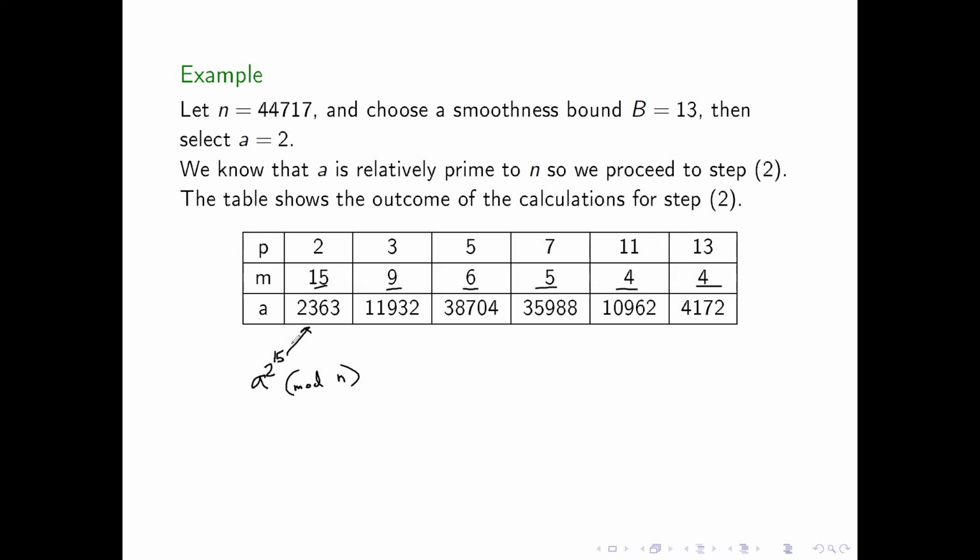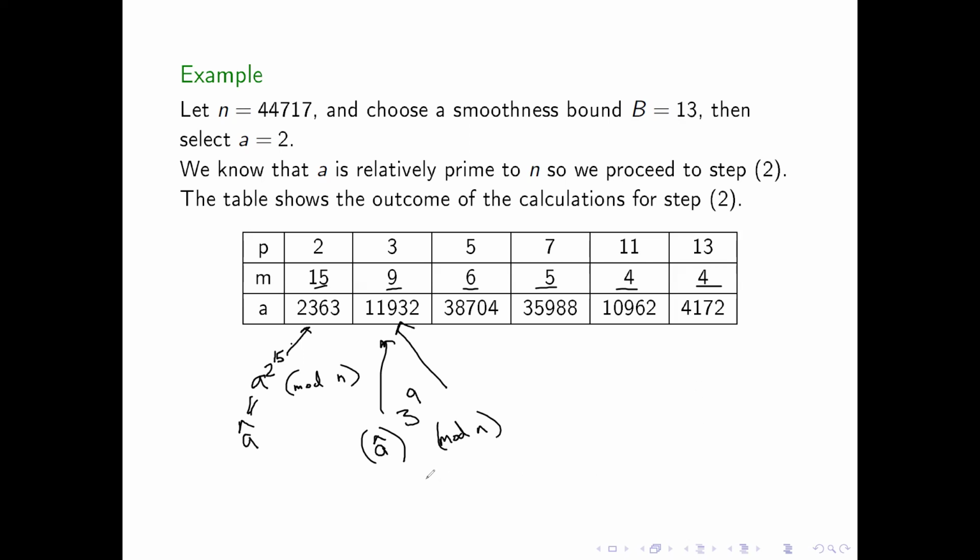I can just take a and square it, square it, square it. This one, though, let's call this one a hat. Here, I'm going to take a hat and raise that to the 3 to the 9th power mod n. And that should give me this thing right here.